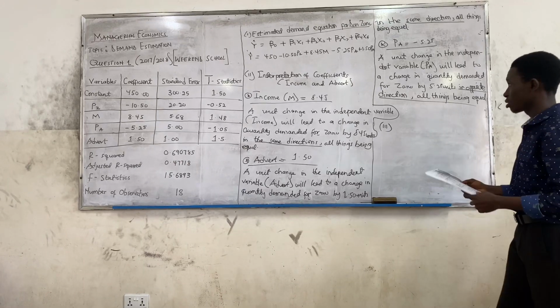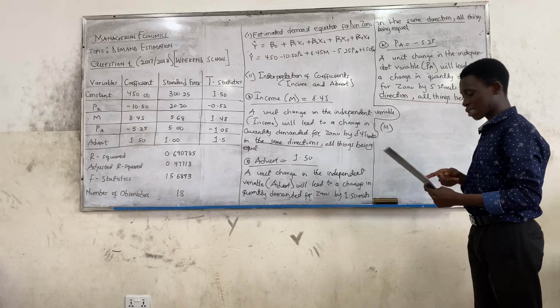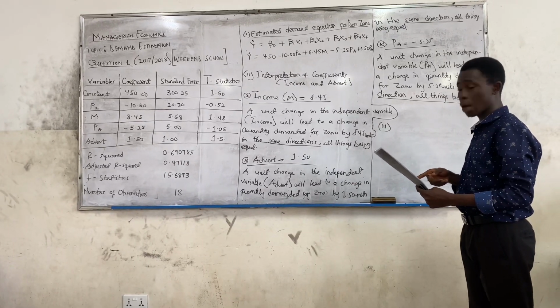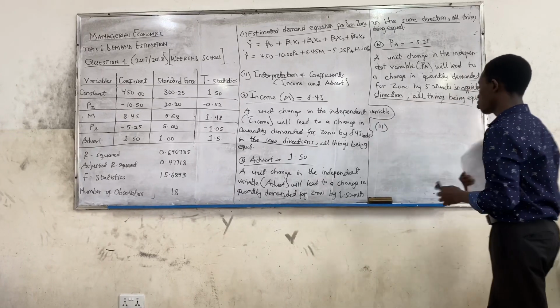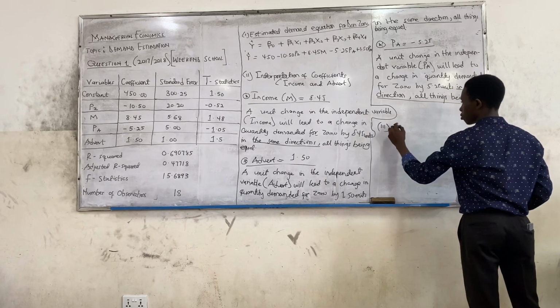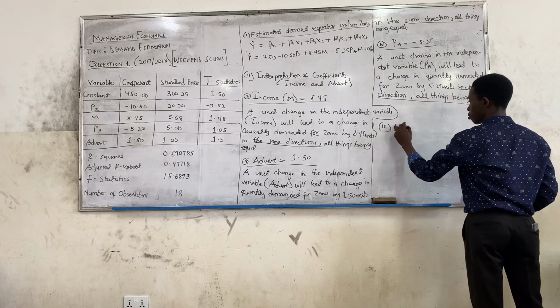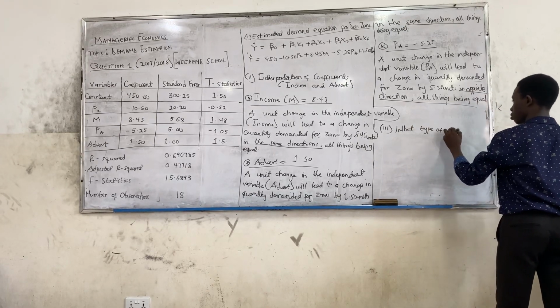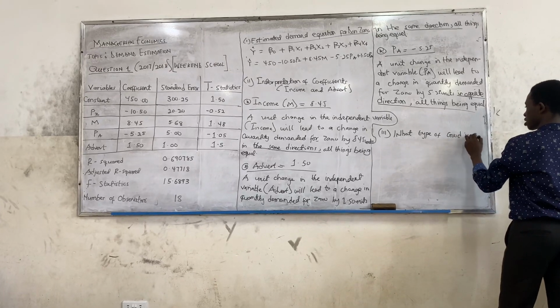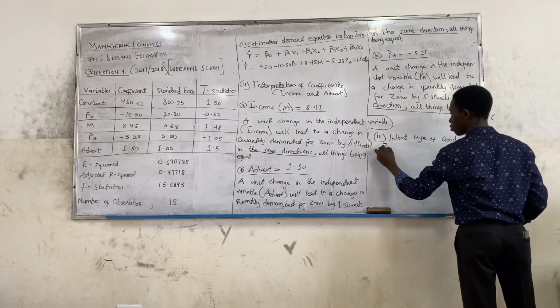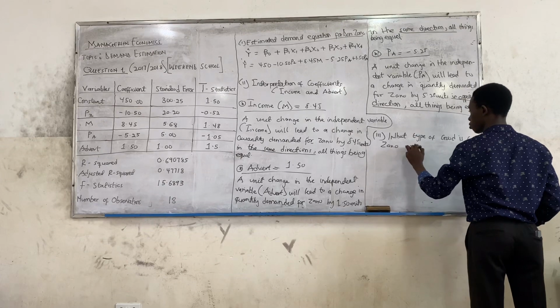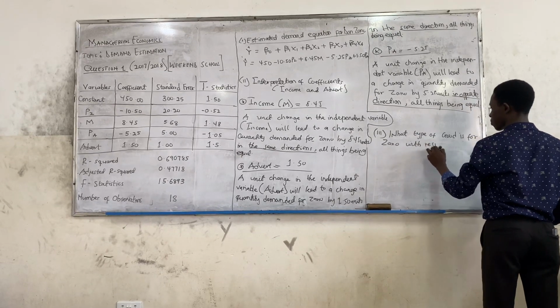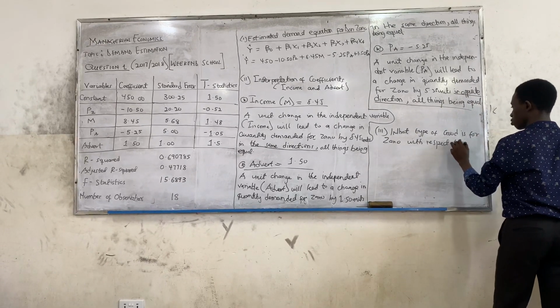So the third question states: with respect to income, what type of good is for example?